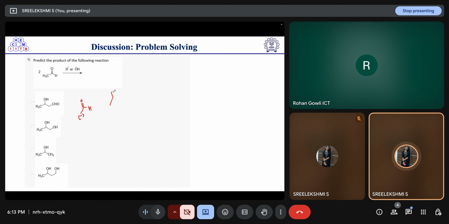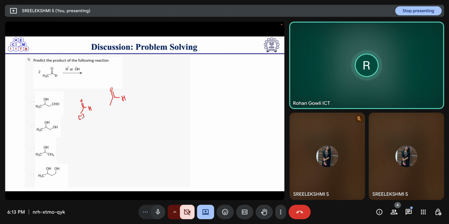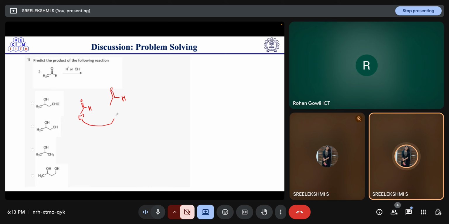So another molecule is there, double bond O H, where it can attack. This negative charge can attack at this carbonyl carbon center. This can go here, right? So we will be getting double bond O there, and this is attacking over this center.